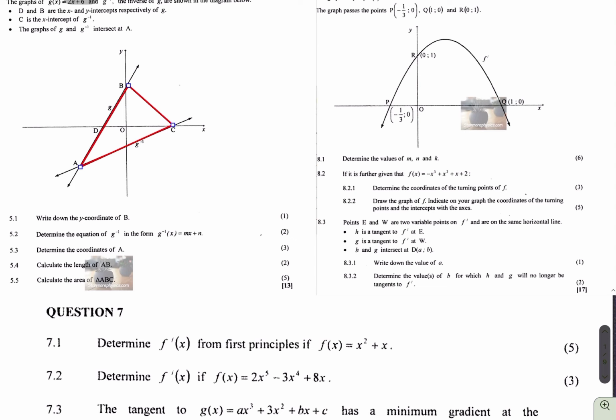So let me make sure that those are my coordinates. Those are the points. I'm just trying to be accurate here. Well, you want to find the area of this triangle. So how do you find the area of a triangle?